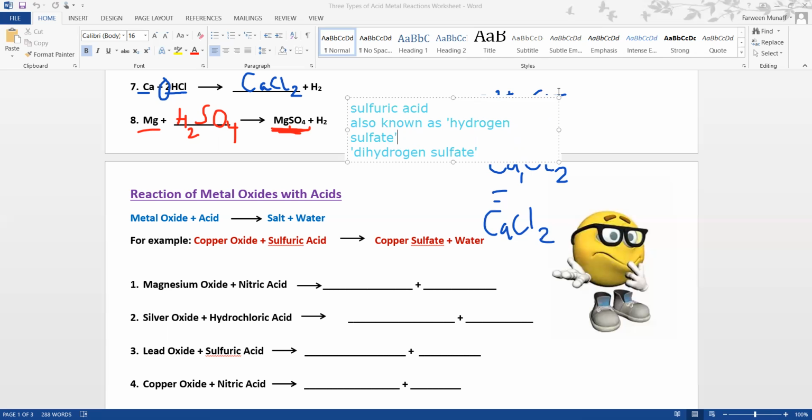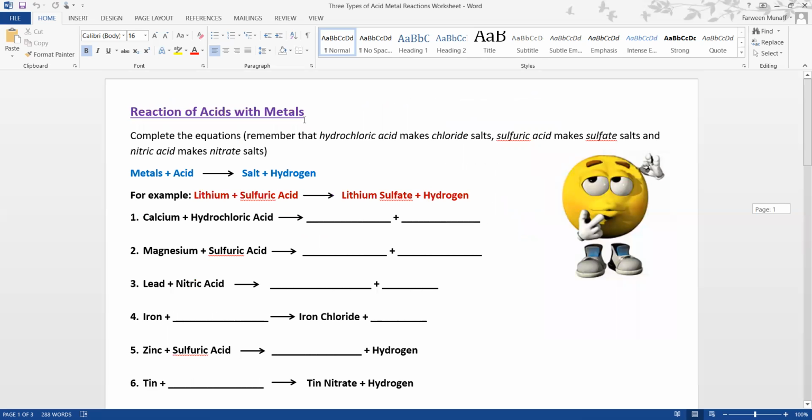And as we learned in 4.4, remember all acids contain hydrogen. That's why we said acids donate that hydrogen proton or hydrogen ion in an acid-base reaction.